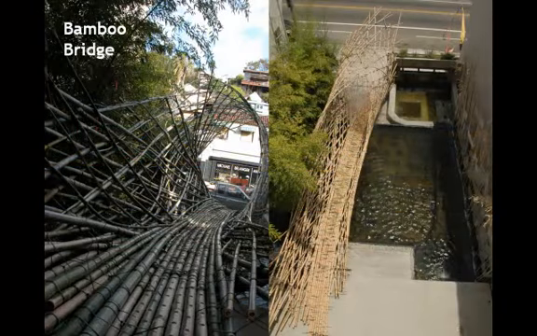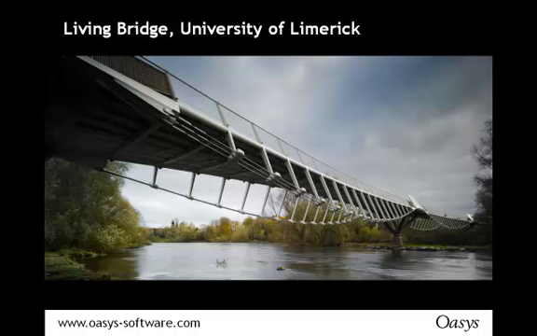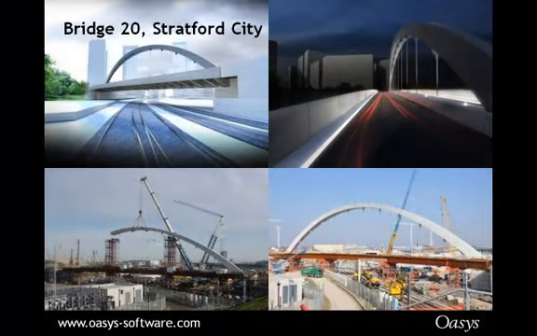This is a bamboo bridge designed by the Arab office over in Los Angeles for an art exhibition. And then a footbridge over in Limerick in the Republic of Ireland, the Living Bridge, quite a very elegant suspension bridge. Road bridge. This is a road bridge over a railway. This is going for the London Olympics, under construction at the moment.